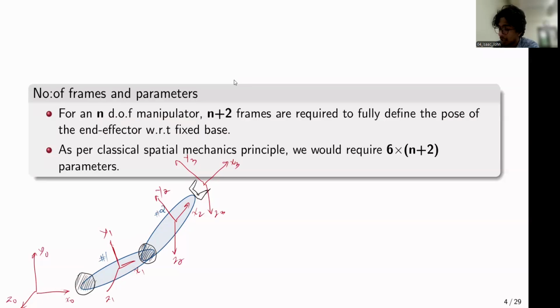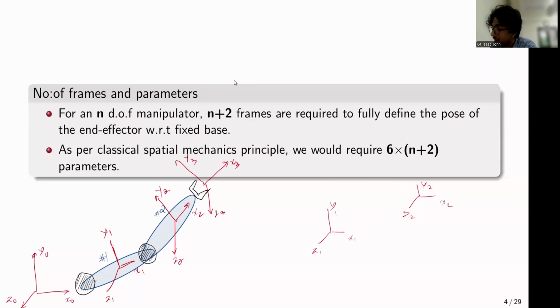So as per classical spatial mechanics principle, we would require 6 times (n plus 2) parameters, right? As I was saying earlier, if you have two rigid bodies in space or two frames of reference in space, Z1, X1, Y1, and Z2, X2, Y2, you require 6 parameters, right, to convey the relative position and orientation between these two frames of reference.